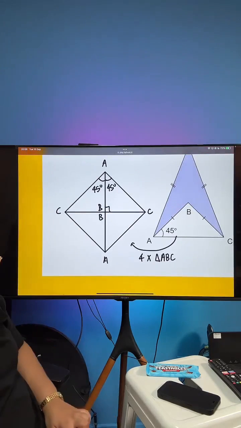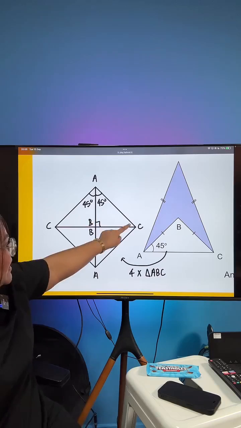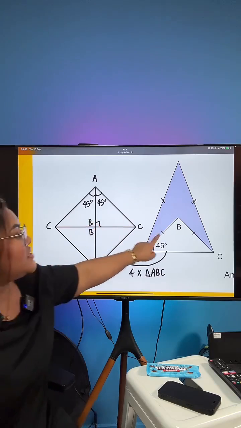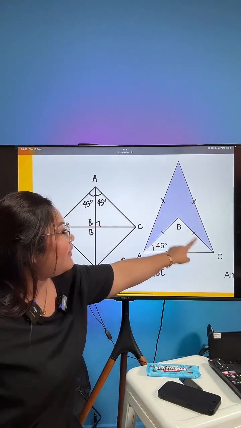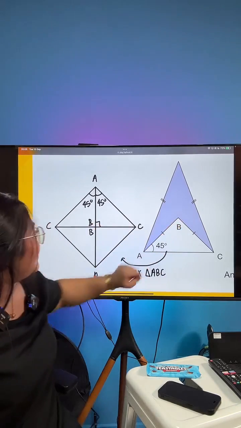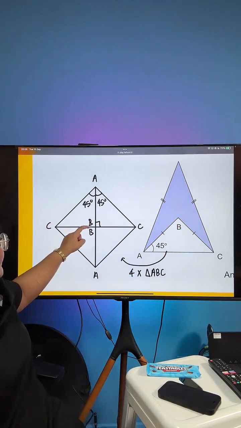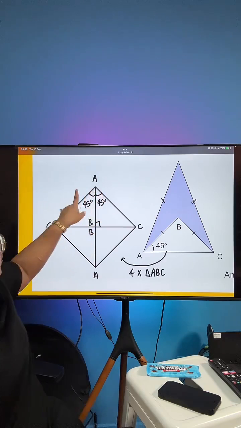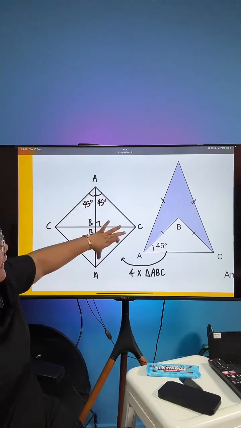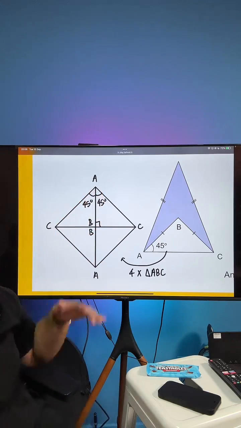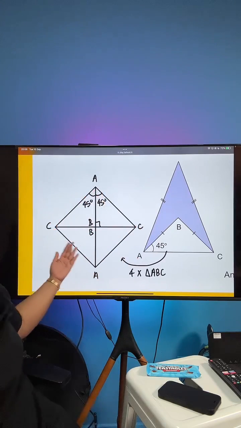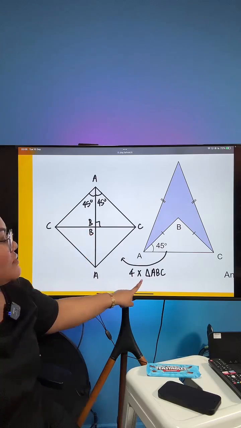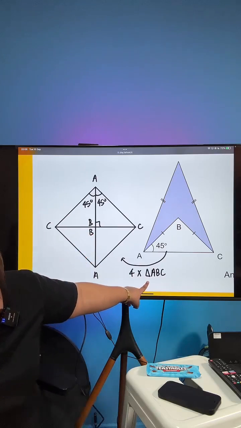Okay, why is this a square? We have ABC with B being the 90 degrees, because this is isosceles. 45, 45, inside here will be 90 degrees. So 90, 90, 90, 90 in all the 4 corners in the middle. And the ACs will be all the outside lines. And this forms a big square that is made up of 4 times this triangle ABC.